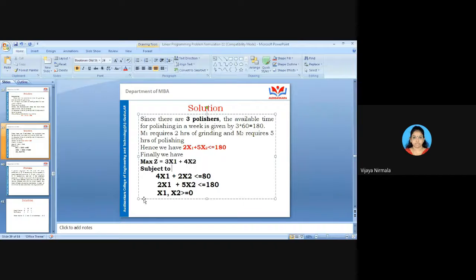Finally, let us write the formulation of the LPP.